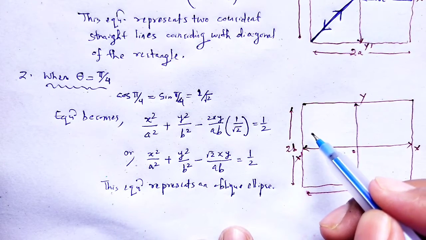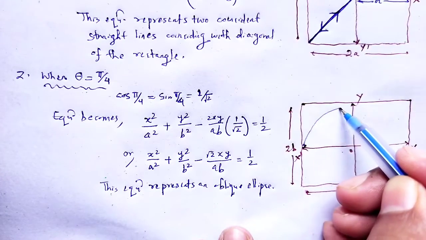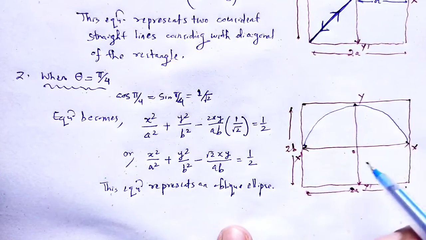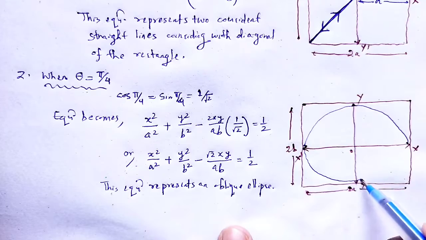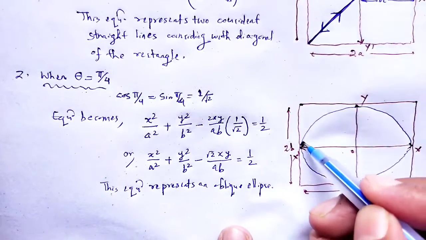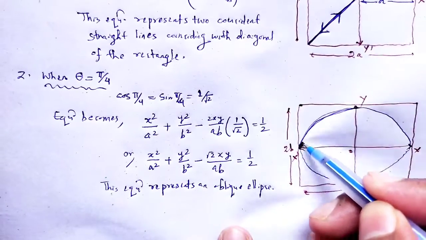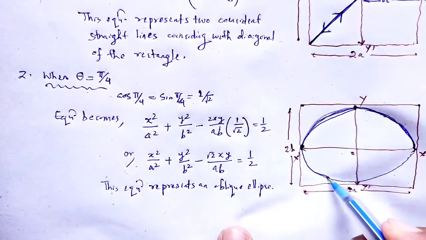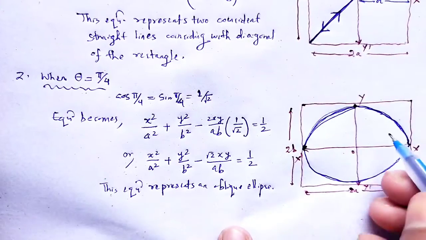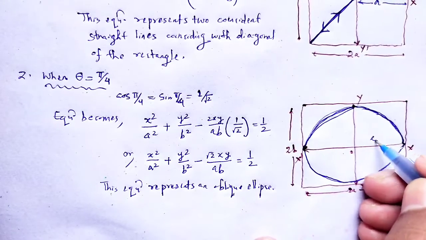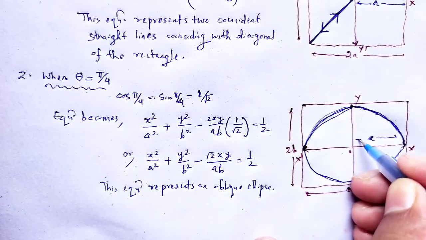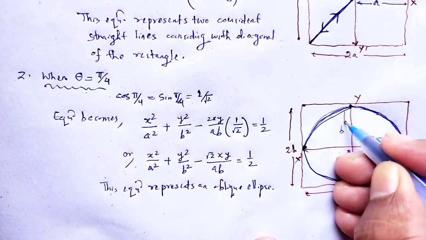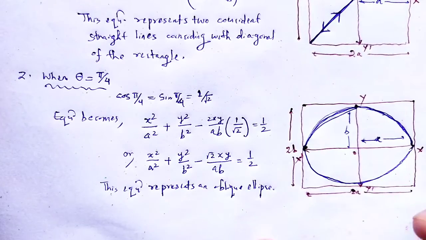It is just an ellipse. So the figure looks like this. That side is a, this side is b.